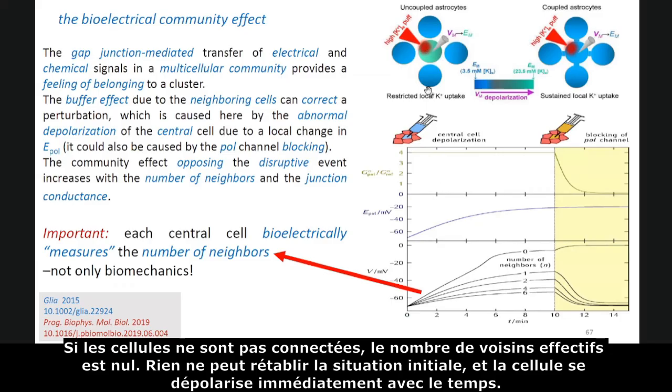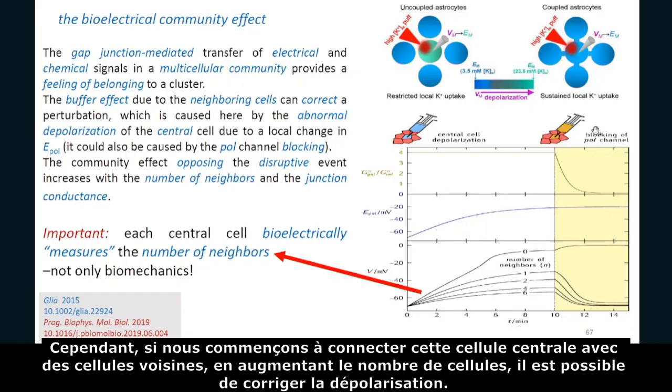If the cells are not connected, the number of effective neighbors is zero, so nothing is going to try to reestablish the initial situation. Nothing will be able to keep the cell in the initial polarized state. The cell immediately depolarizes with time.